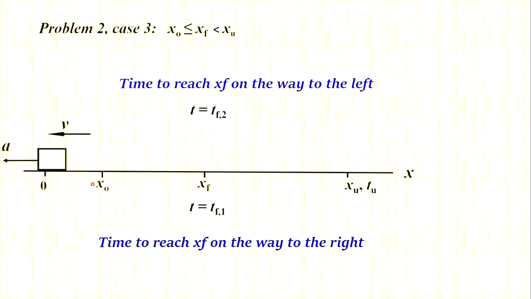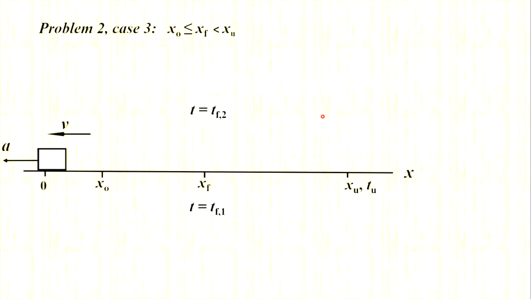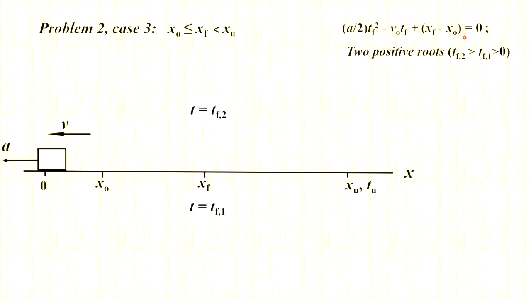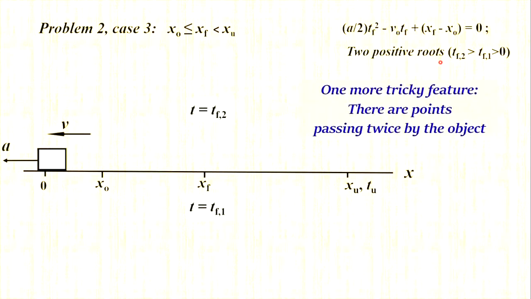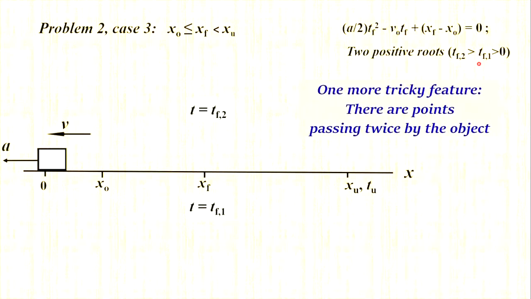First time on the way to the right, and the second time on the way back from the U-turn point. If we solve the equation for tf for this case, then we will have two positive roots, tf2 and tf1. Naturally, tf2 is greater than tf1.